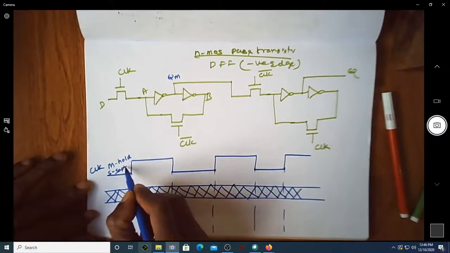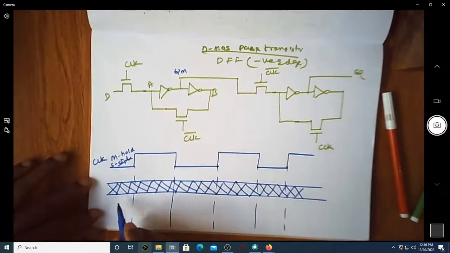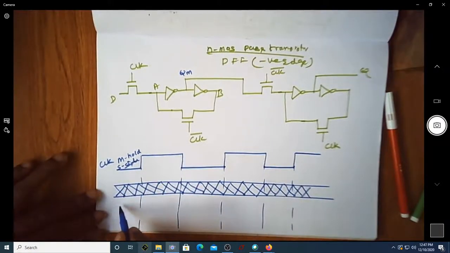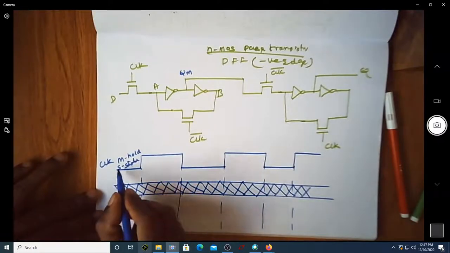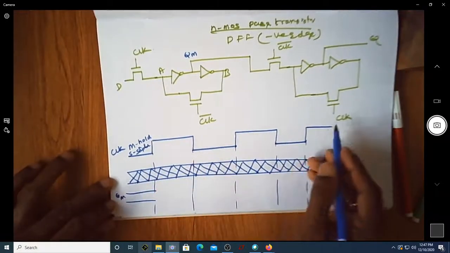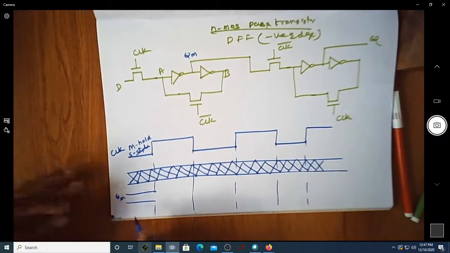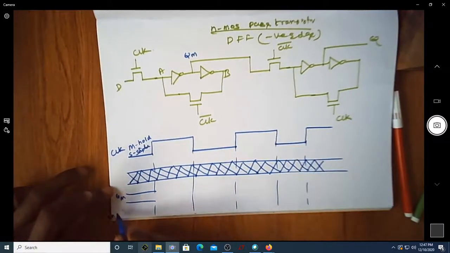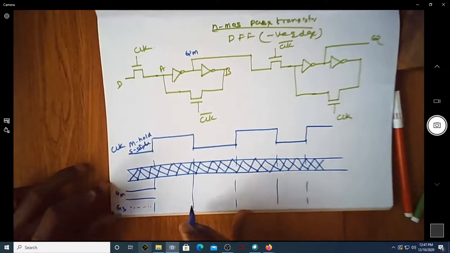Since it is in hold mode, whatever value was there earlier, if I say this is my QM, it will go into hold here. Since we don't know what the previous value was, let us not write what QS is. So for the timing, let us put it as dotted.